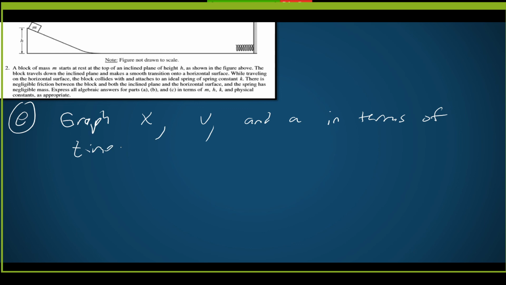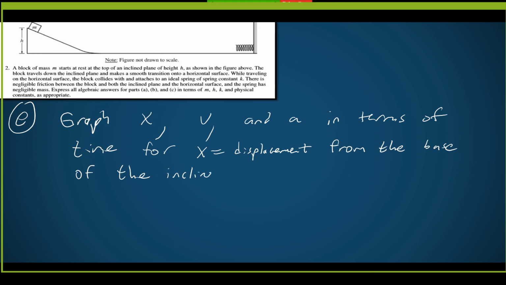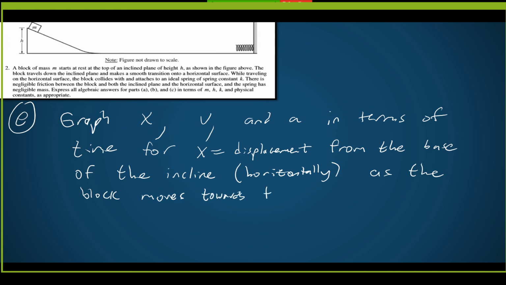So the question was, which I've just erased, for part E, graph x, v, and a in terms of time, for x equals the displacement from the base of the incline, horizontally, as the block moves towards the spring.